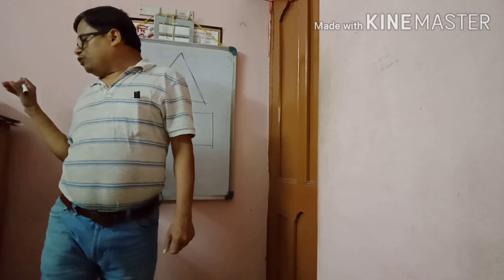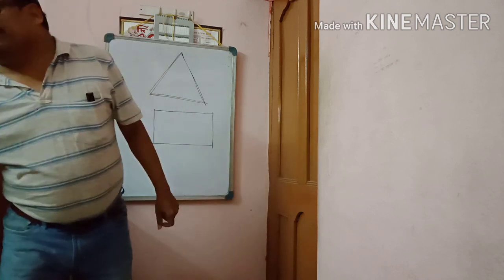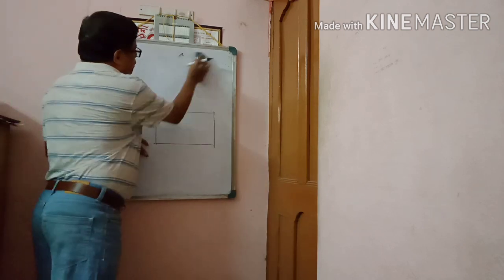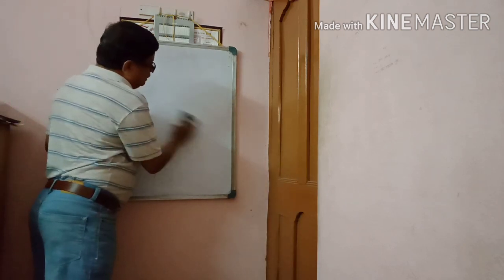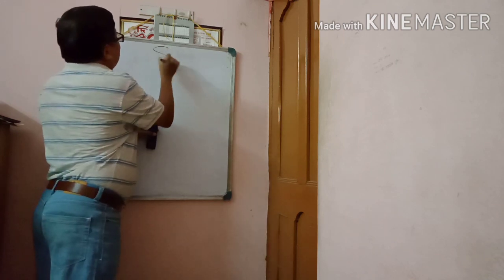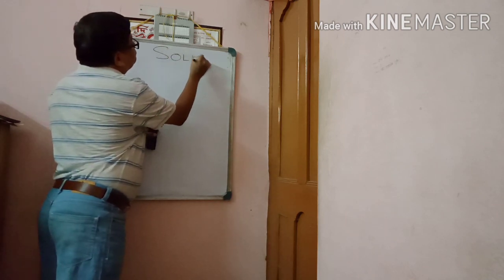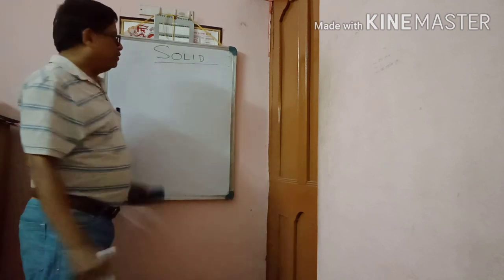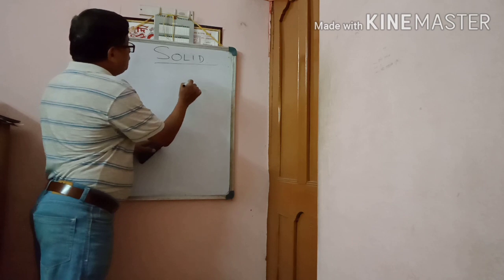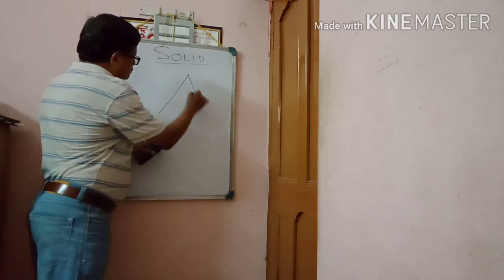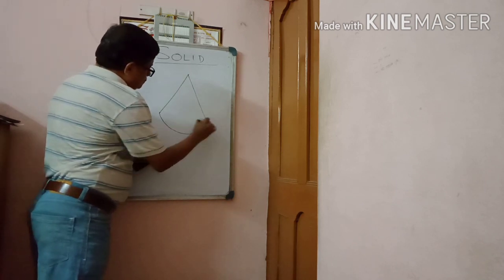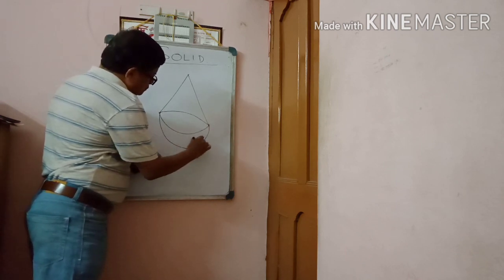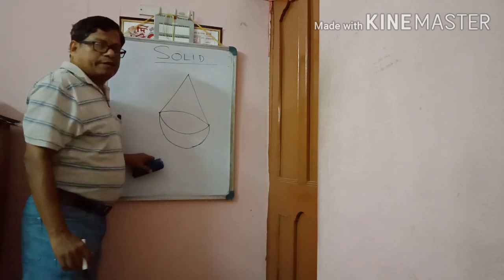Now if we combine figures, a combination of 2D and 3D, look here. A combination of 2D and 3D is a solid figure. If you draw the figure, see this figure.